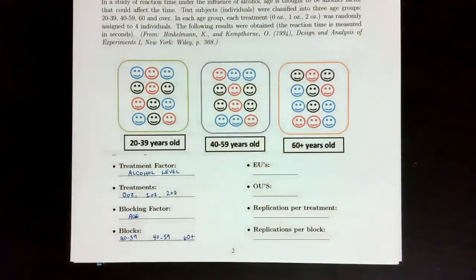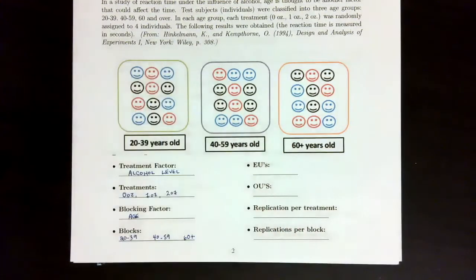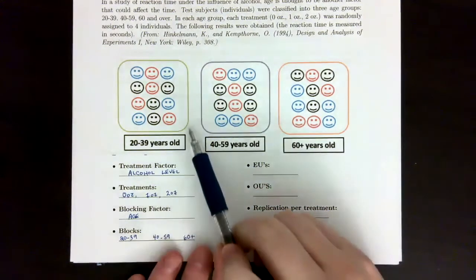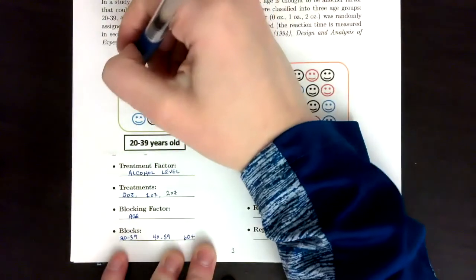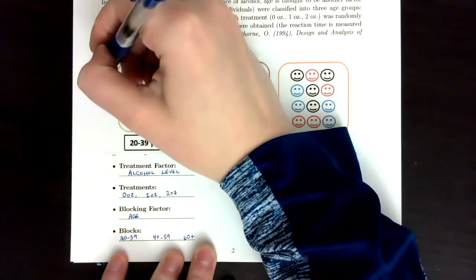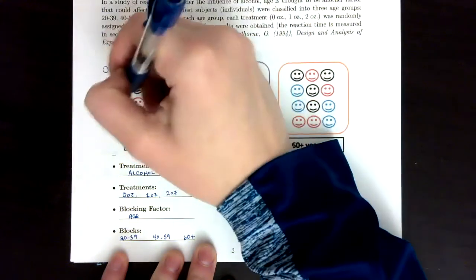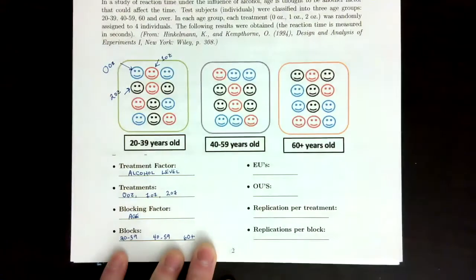Now, again, we're assuming in this study that all these subjects are homogeneous as possible, okay? So again, our blocks are represented by the squares, and our treatment, we'll say blue would be our 0 ounce, red will be our 1 ounce treatment, and black will be our 2 ounce treatment of alcohol, okay?